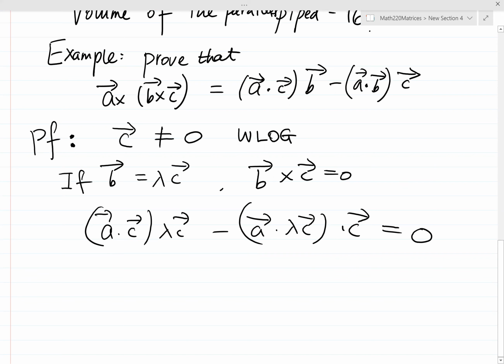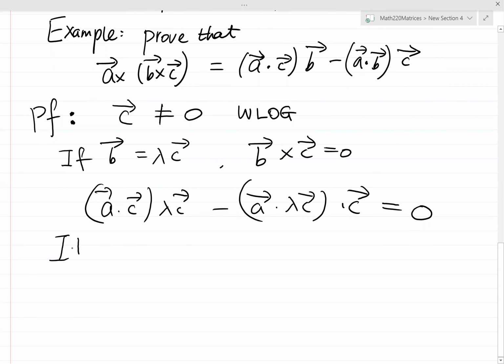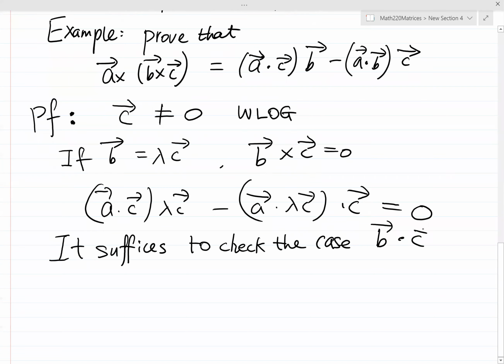Okay. Now first of all, this is linear in B. So we assume B is perpendicular to C. It suffices, because we can subtract from B its projection on C. It suffices to check the case that B dot C is 0.